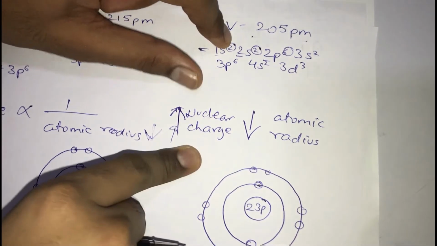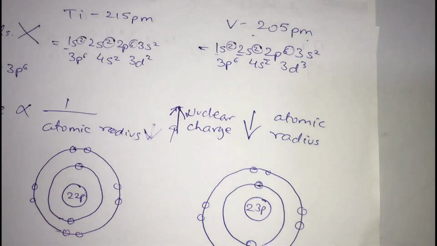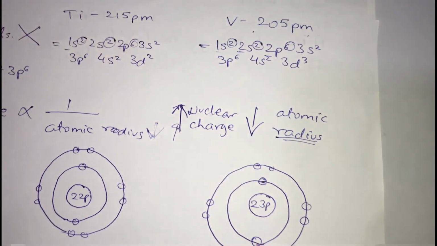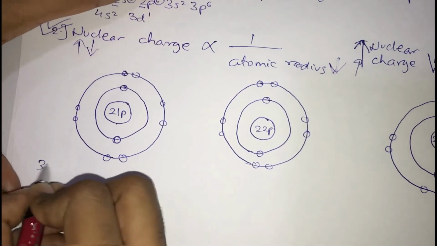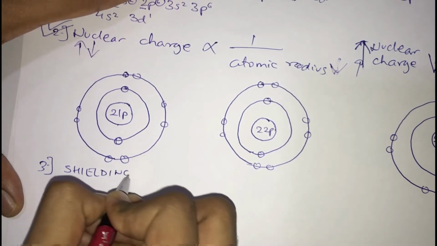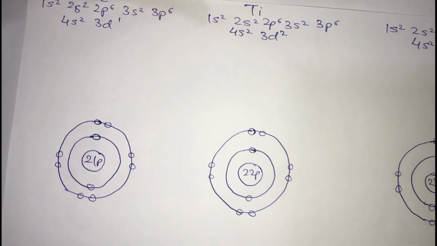Nuclear charge is trying to pull the electron towards itself. So nuclear charge is trying to decrease the atomic radius. But here we have the third effect, which is nothing but the shielding effect. So let's understand how the shielding effect is going to affect the atomic radius.